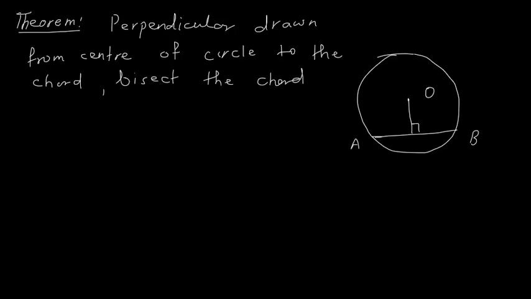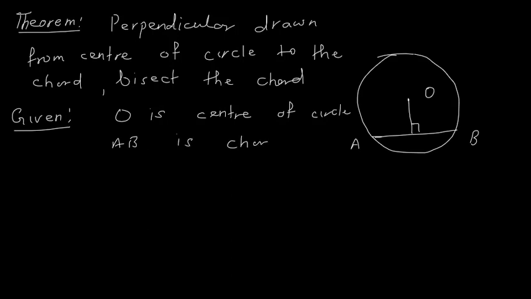So here we have given O is center of circle, AB is chord, and say OC is perpendicular to AB.